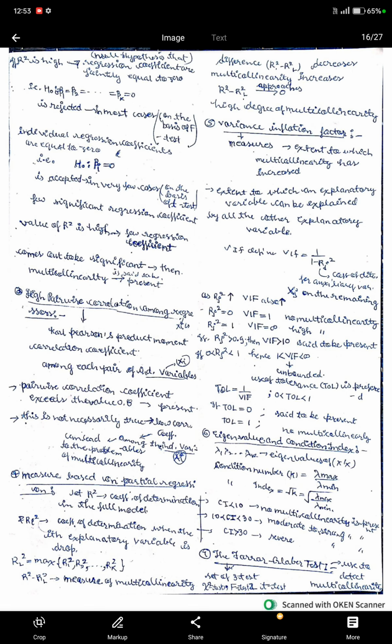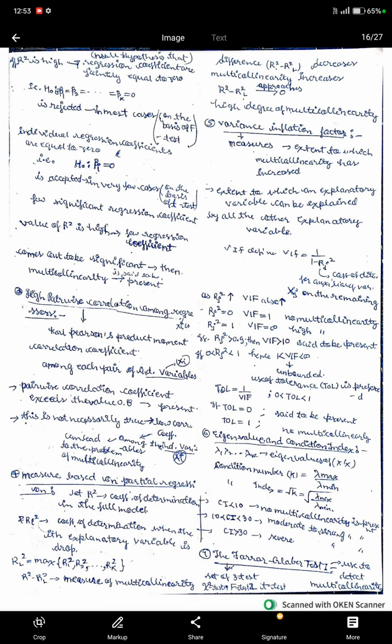If Rj square equals 0, then VIF equals 1, meaning no multicollinearity. If Rj square equals 1, then VIF equals infinity, that is high multicollinearity. If Rj square is greater than 0.9, then VIF is greater than 10, and multicollinearity is said to be present. If Rj square is between 0 and 1, then VIF is between 1 and infinity, so VIF is unbounded.